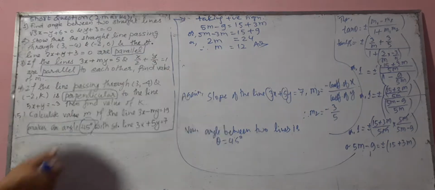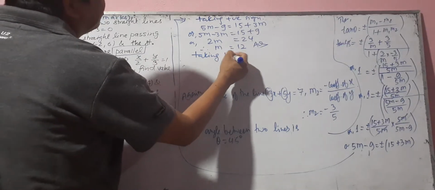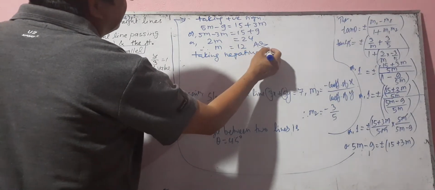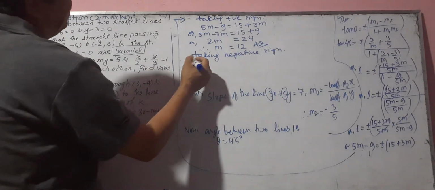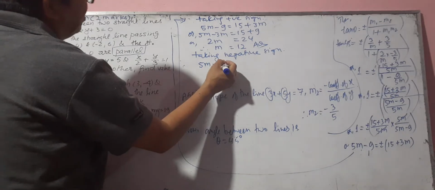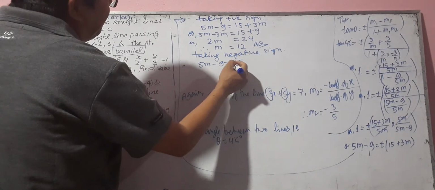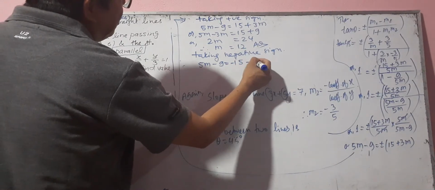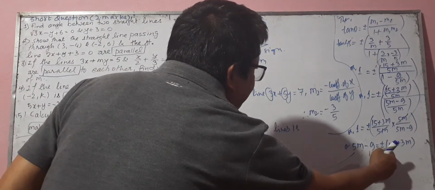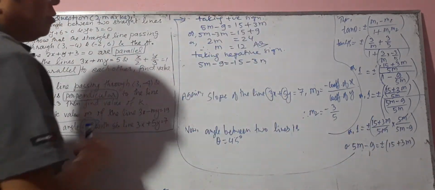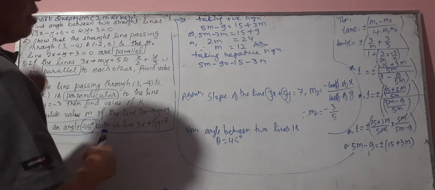Now taking the negative sign, we get 5m minus 9 equal to minus of 15 plus 3m, which becomes minus 15 minus 3m, because when we multiply by minus the terms within the bracket, it becomes minus 15 minus 3m.